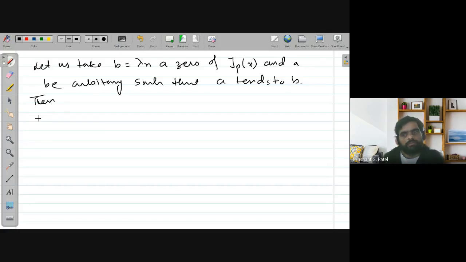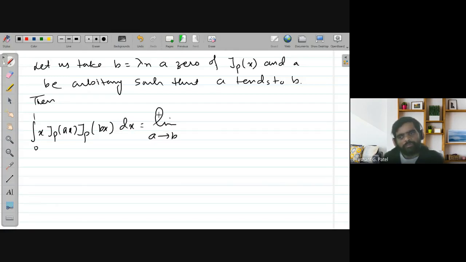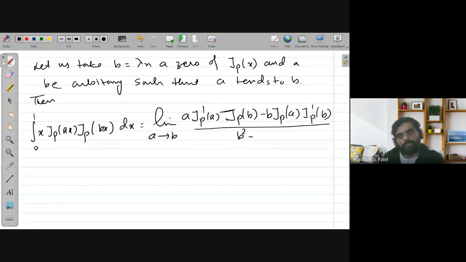Then this integration 0 to 1 x Jp(a lambda x) Jp(b lambda x) dx will be limit a tends to b of [a Jp'(a) Jp(b) minus b Jp(a) Jp'(b)] upon b square minus a square.